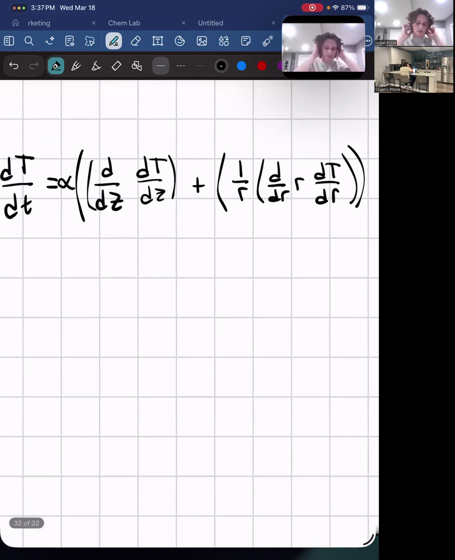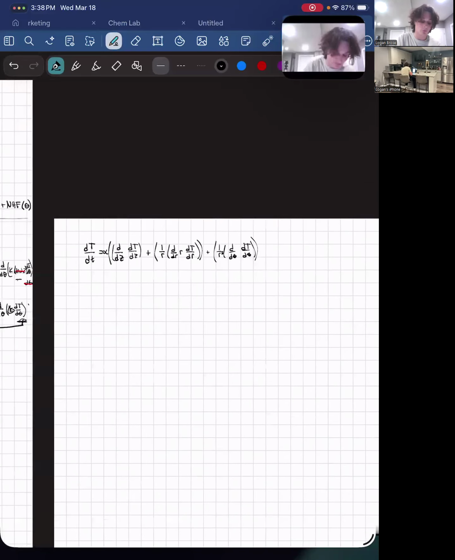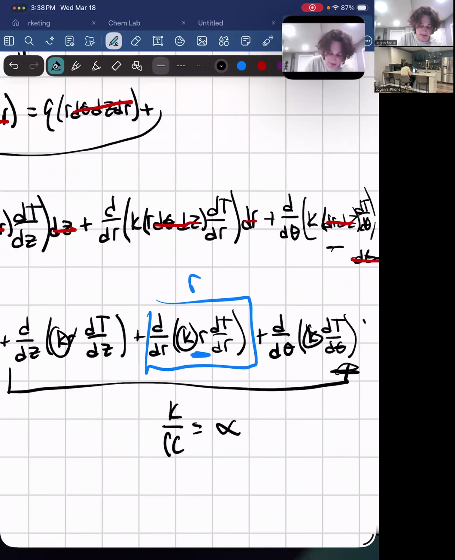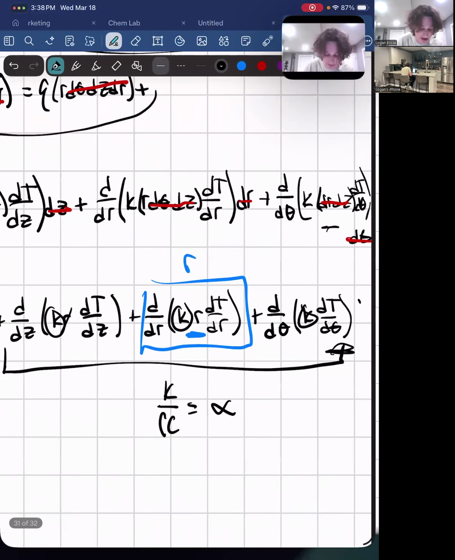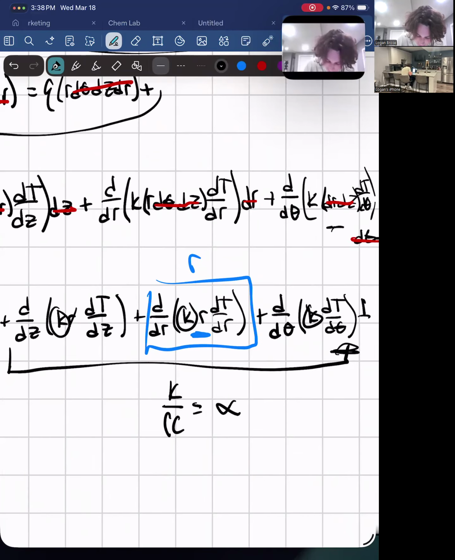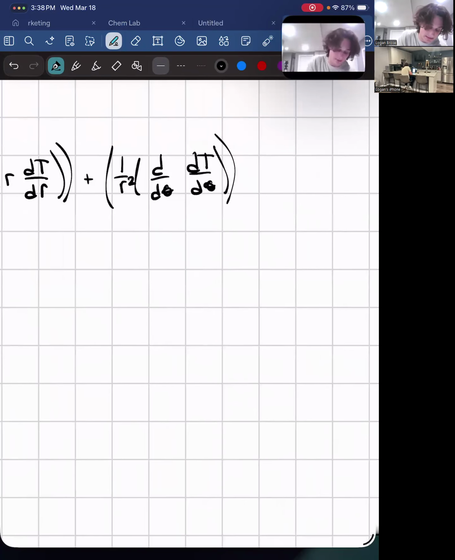And when we do this, actually, I'm wrong here. So this will be an r squared because when we canceled out our dr, dz, and d theta, we also divided by this r. So this is then a 1 over r, so that in turn makes this a 1 over r squared when we divide out the r from the other side.